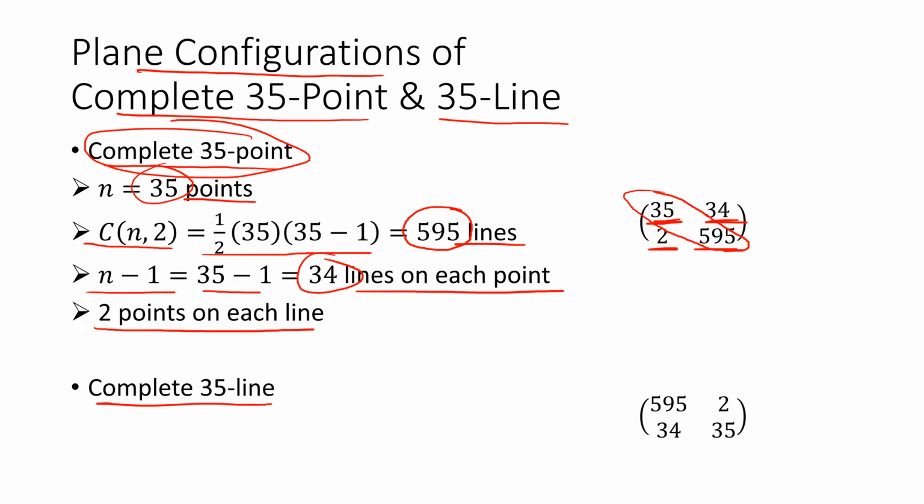So we have 35 and 595. So for the complete 35 line, we have 595 points, 35 lines. Now let's also interchange 34 and 2. So we have 2 lines on each point and 34 points on each line.